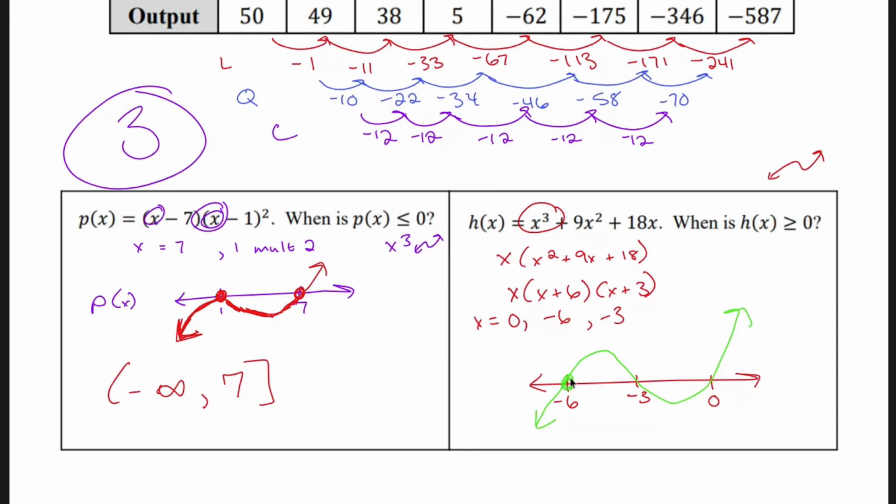So it's 0 here, here, and here. It's positive between negative 6 and negative 3, but also positive from 0 on. So we are going to say that including negative 6 and going through negative 3, it's positive, union, and from 0 to infinity, it's also positive.